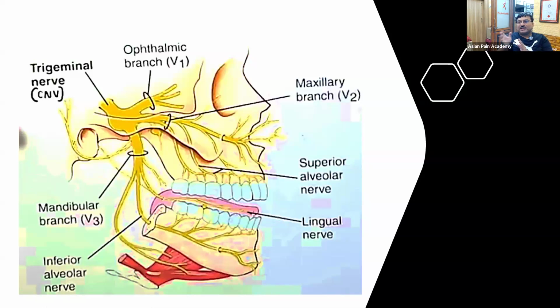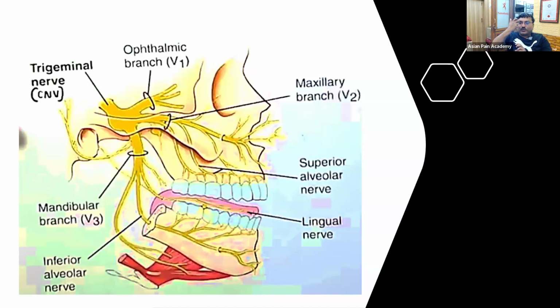One is the nasociliary branch, which gives branches like the anterior ethmoidal branch, posterior ethmoidal branch, and long ciliary nerve. They go to the medial side of the orbit. And the third branch is also known as the frontal branch. It forms the supraorbital and the supratrochlear nerve.